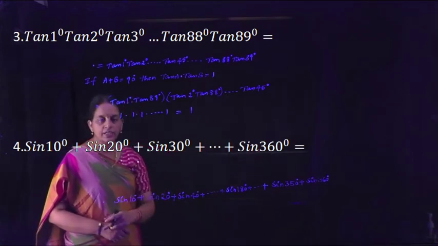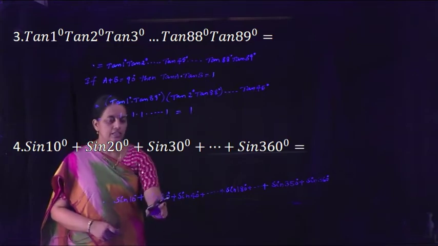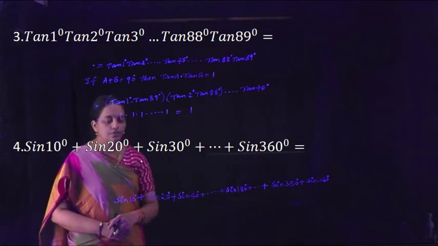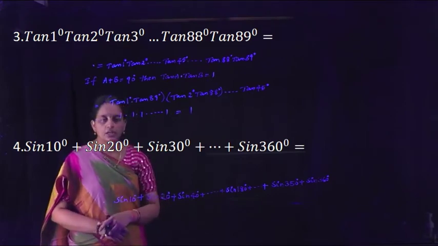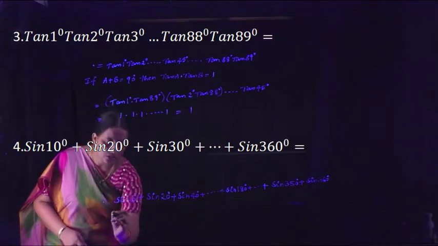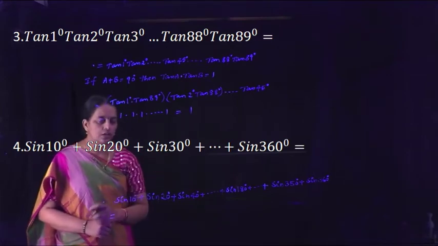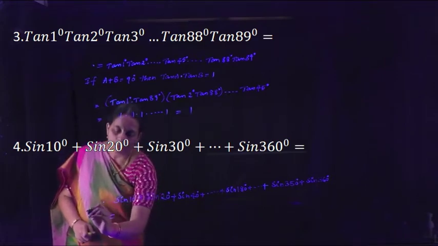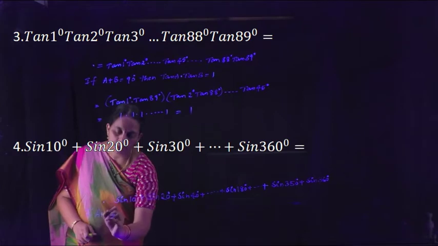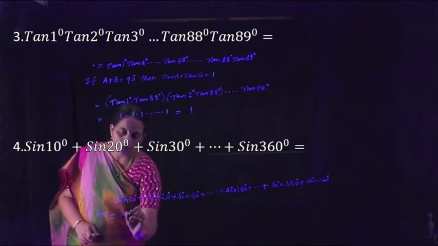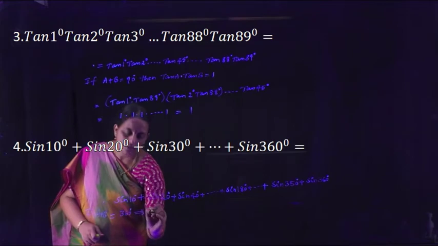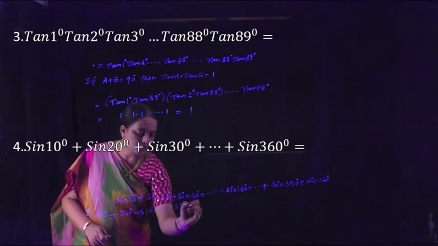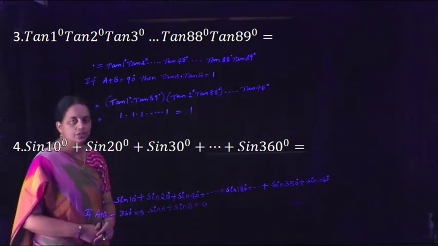The sum of these two angles is equal to 360, and the second angle is 20 and the second last angle is 340. So 340 plus 20 is equal to 360. Like this, the sum of two terms is equal to 360. From the above formula, we know that if a plus b equals 360, then sin a plus sin b is equal to 0.